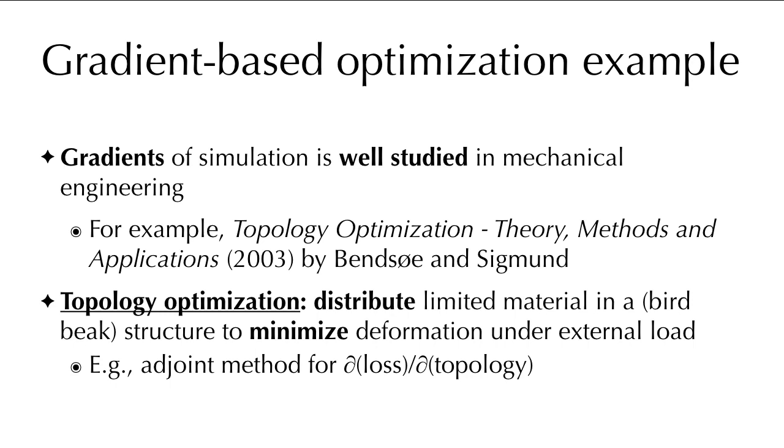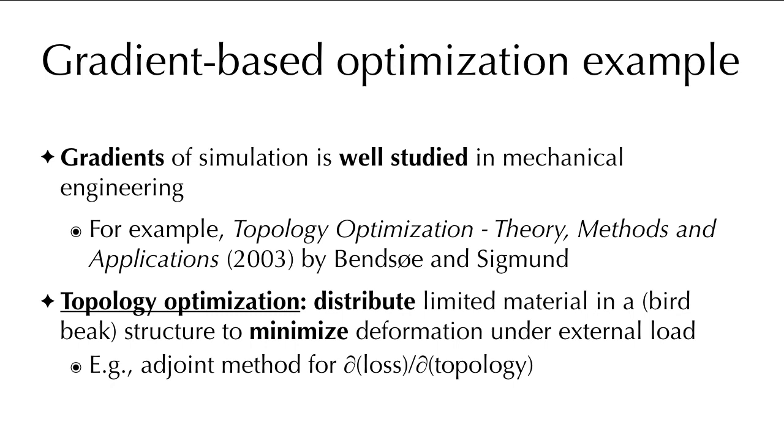Gradients of simulation is well studied in mechanical engineering. One typical example is what we call topology optimization, and there's a very well-written book on this. But for today, I'm just going to talk about a very basic concept of topology optimization. So by doing topology optimization, you're distributing limited material in a structure to minimize deformation under external load.